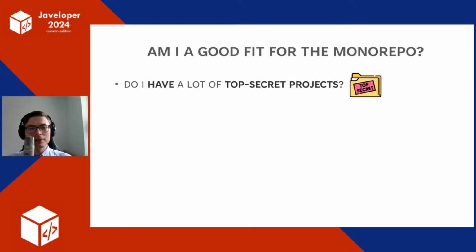If you have a lot of top secret projects, or you have to apply some kind of access control, then the monorepo probably won't be a good fit for you, because at the end of the day, you will be going against the entire idea, the fundamental principles. So I don't recommend the monorepo approach if you have a lot of top secret projects or some projects that you want to hide.